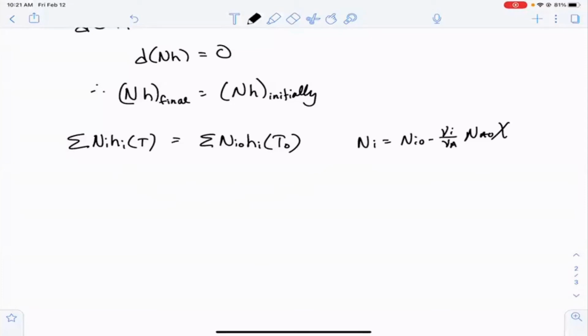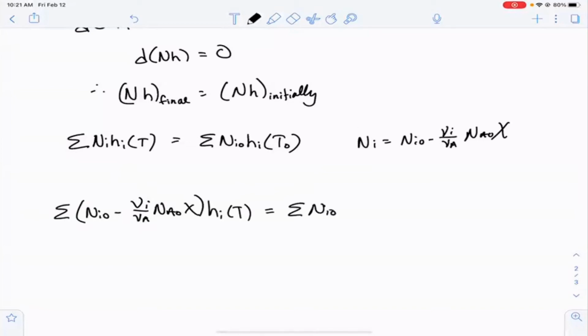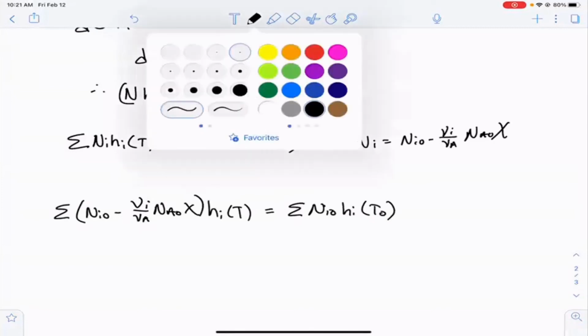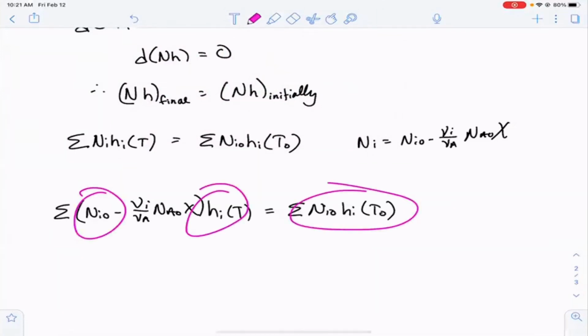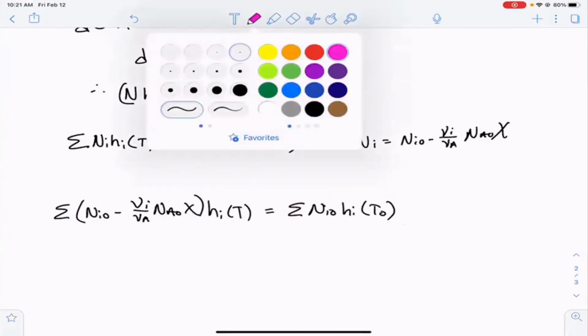And when we do that, what we find is that we have the sum of Ni0 minus the ratio of these stoichiometric coefficients times Na0 times X times the enthalpy at that final temperature equals the sum of Ni0 times Hi at T0. And we're going to do something that looks very familiar because it's very similar to what we did for the flow system, is that we can combine that term with that term, okay?